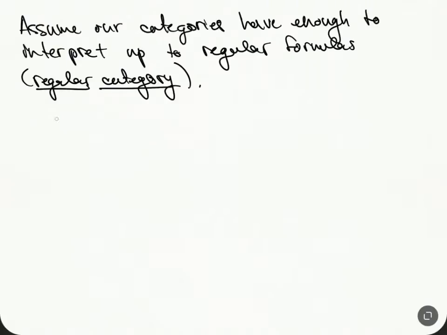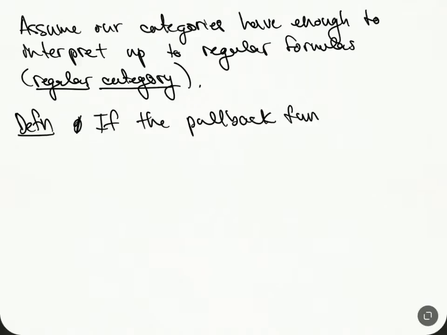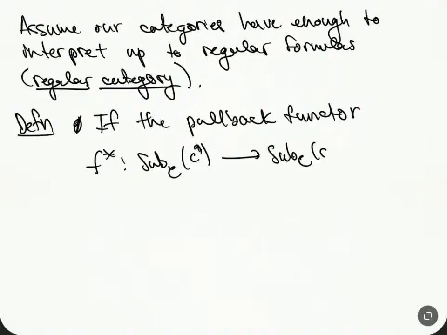So the definition: if the pullback functor F star, let's say from C prime to C, so we're given a map from C prime to C, and then this is the opposite thing, has a left adjoint, and then we'll do it in different things.